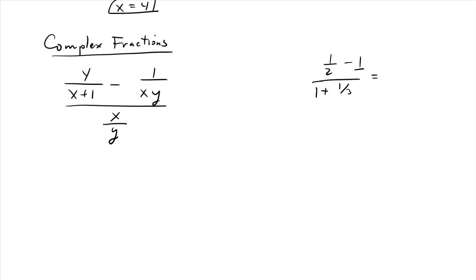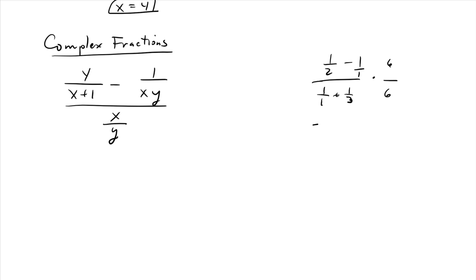So here if we look at the denominators, I've got 2, 1, 1, 3. So clearly the least common denominator would be 6, because I need something in which I can fit 2 and 3. So what I could do is multiply at the top and at the bottom by 6.